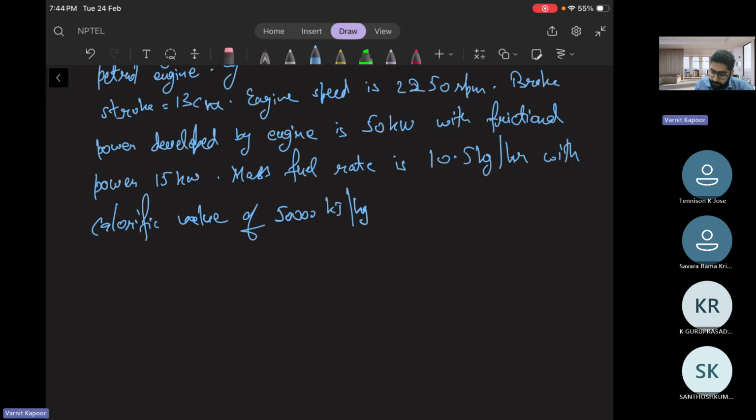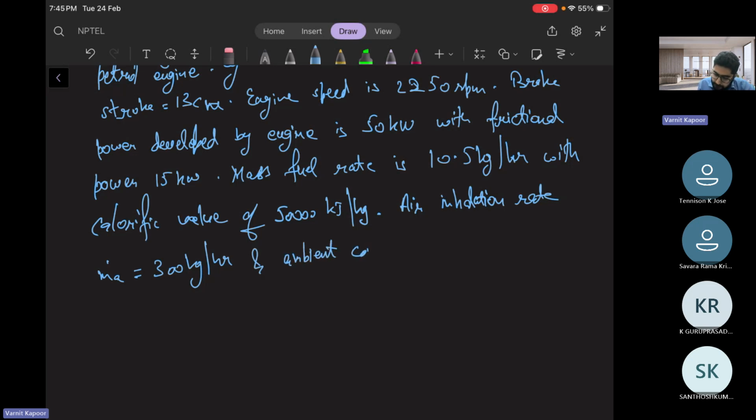Air inhalation rate, m dot a, is 300 kg per hour, and ambient conditions are 15 degrees Celsius and 1.03 bar.